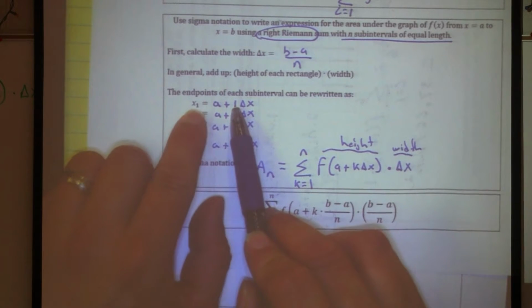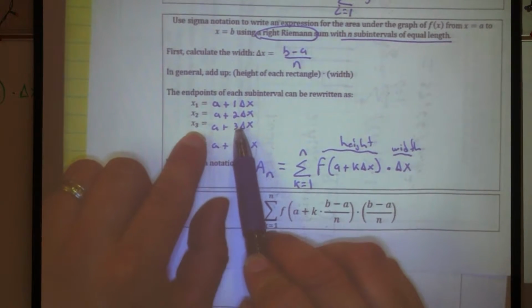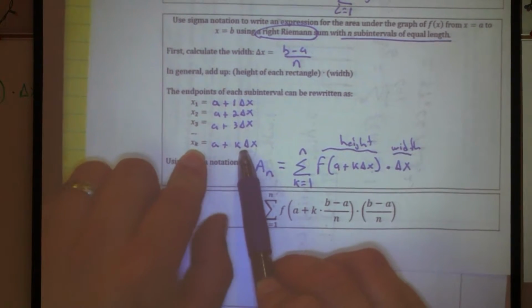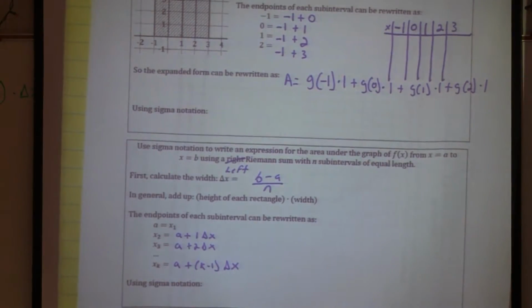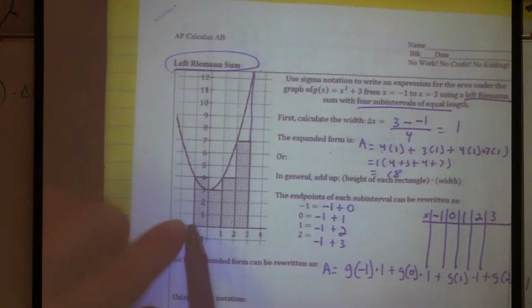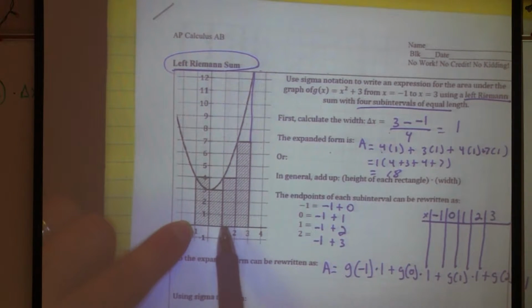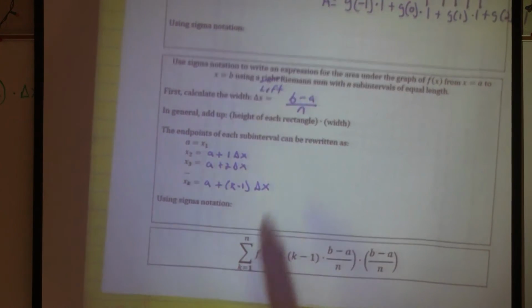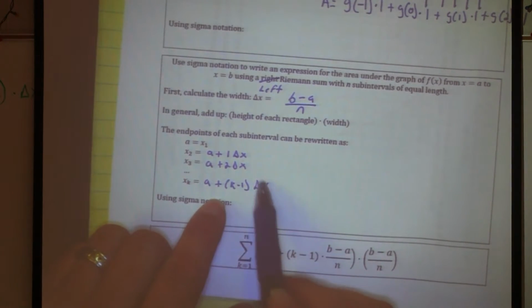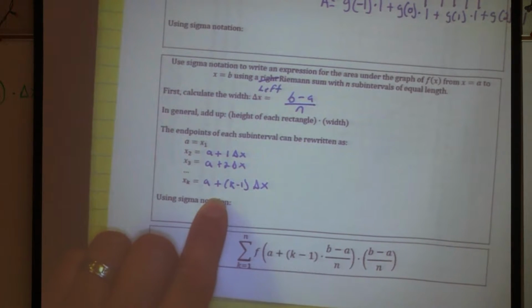No, 1, 1, 2, 2, 3, 3. That's why we just put what? k delta x. Do you understand? That's why when I was up here, I was saying add 2 delta x and then take away 1 delta x. Because that's what we would get if we were to distribute this, right? We'd get k delta x minus delta x.